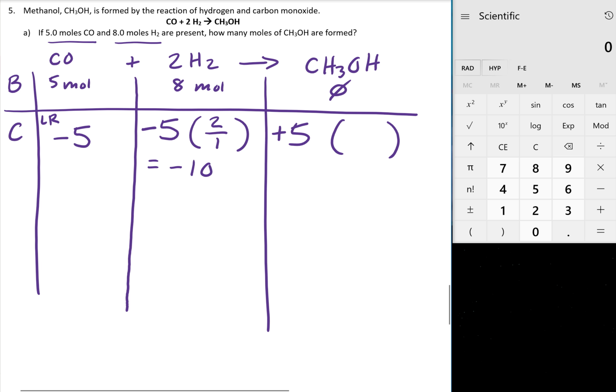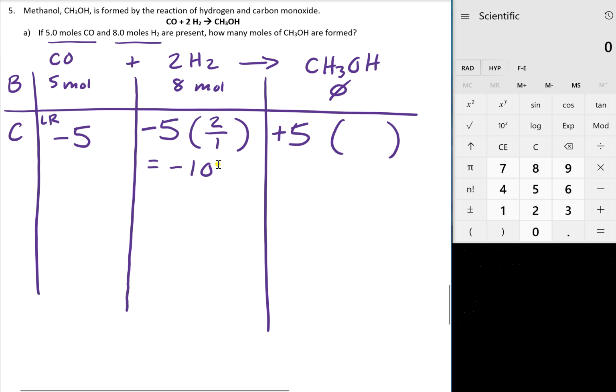And what this is saying is, in order to react all the carbon monoxide, we would need 10 moles of hydrogen. But pause. Look at what you have before the reaction. We only have 8 moles of hydrogen at the beginning of the reaction. But yet, it requires 10 moles of hydrogen.